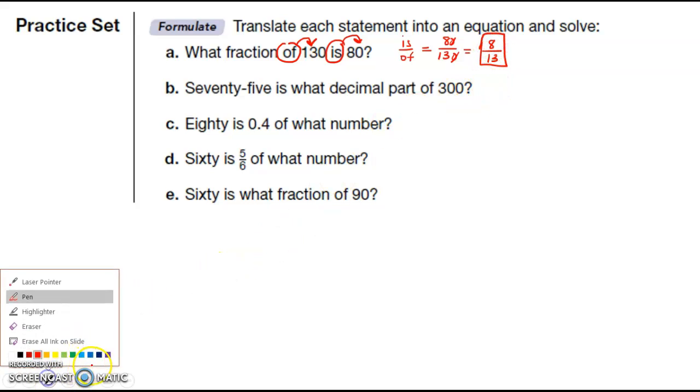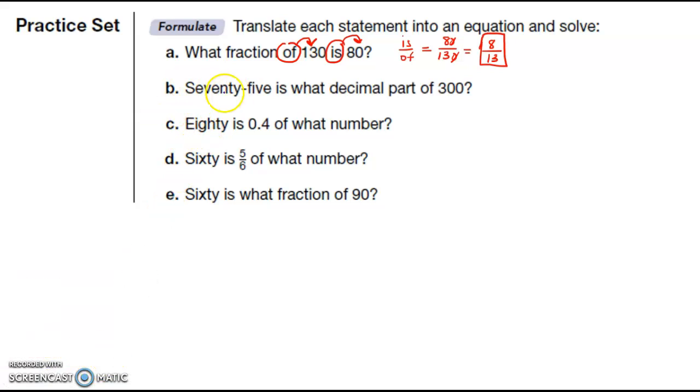So let's try another color. This says 75 is, so I'm going to circle is, and I always point back to whatever number it is. What decimal part of 300? So let's do is over of. We have 75 in the is.